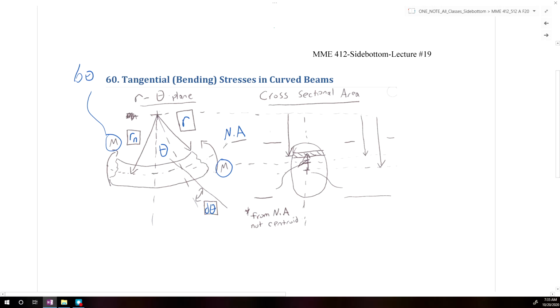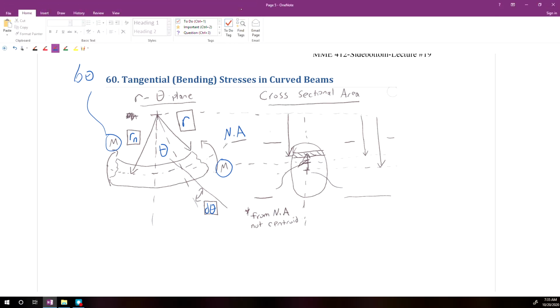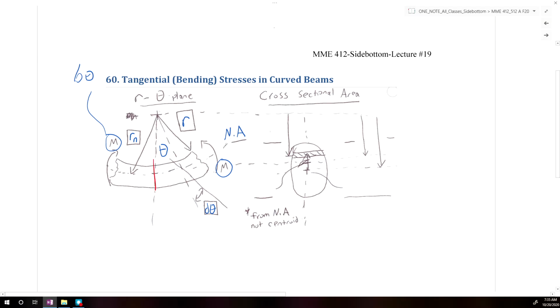If we look at a particular cross section, so if we take a section cut and just look at the cross section within that area, we can define all our variables on our cross section. We still have our neutral axis here.